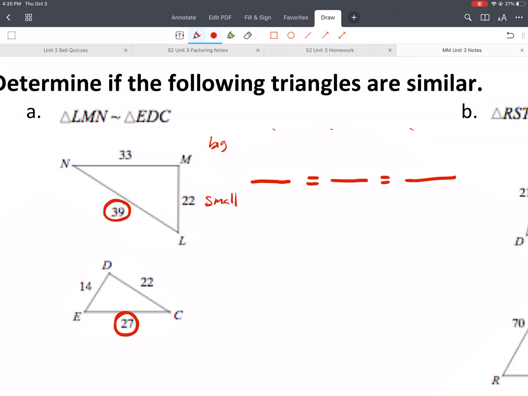And if you're doing small on top, then all of the small numbers need to be on the top for the small triangle. So here we'd do 39 over 27. Then we could look at the next largest, which would be 33, and the next largest for the small triangle would be 22.